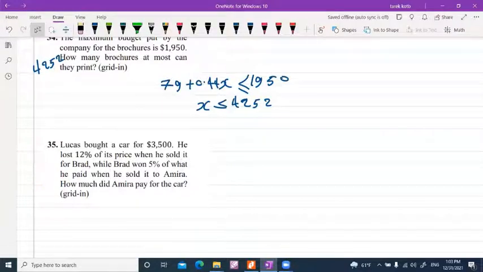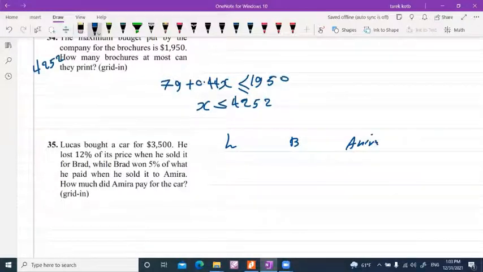So I have three persons, Lucas and Brad and Amira. The first one bought it for 3,500, and then he sold it to Brad for 12% less.